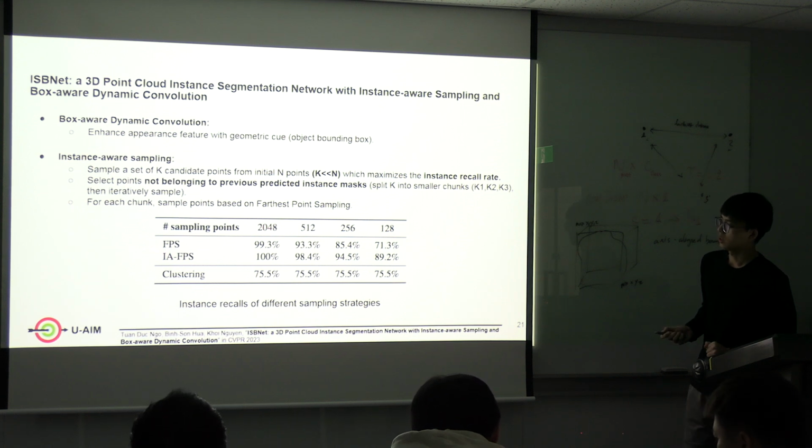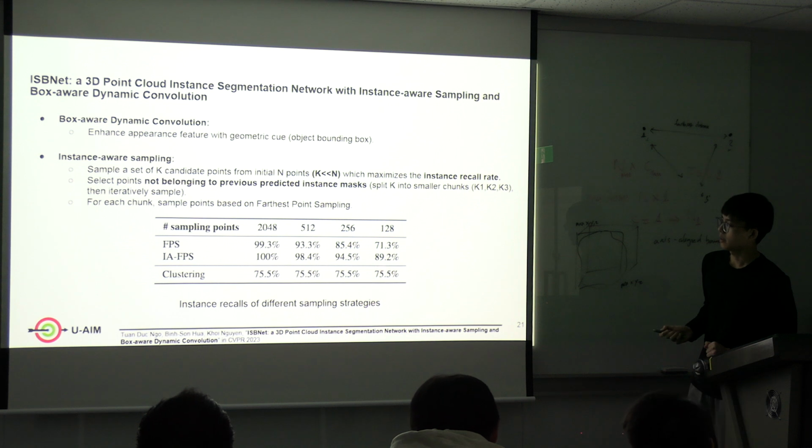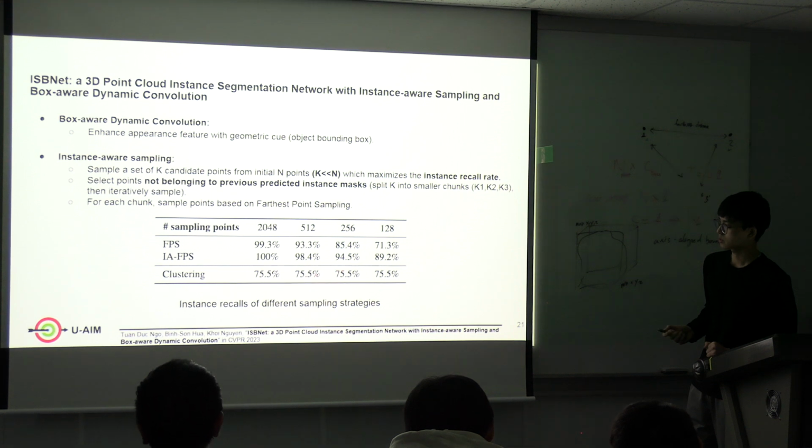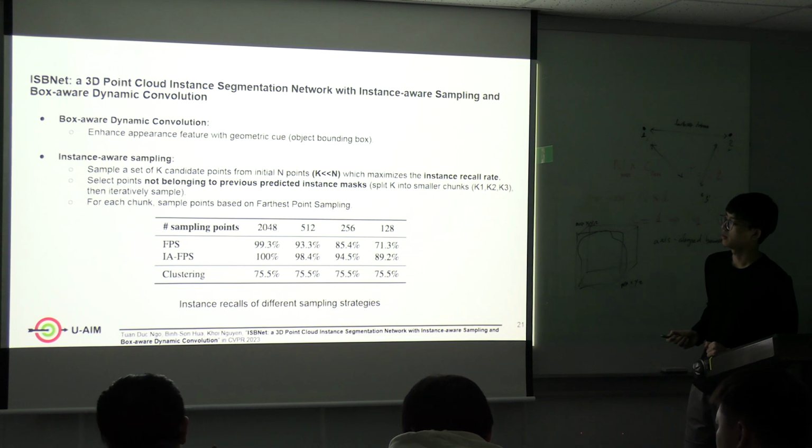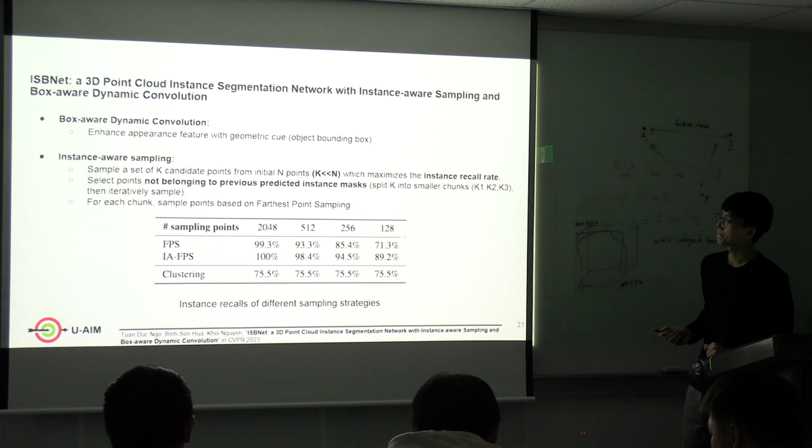For the instance-aware farthest point sampling, they get a high percent for the instance recall. So by this sampling technique, they don't miss many instances with a very small number of sampling points.